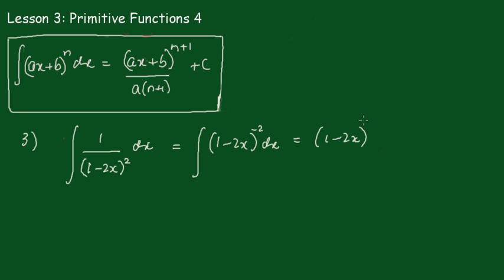Add 1 to that, becomes minus 1, all over, this time it's minus 2 times the minus 1, plus the constant, and of course that becomes the 1 over 2 outside of (1 minus 2x). And that completes those few examples.